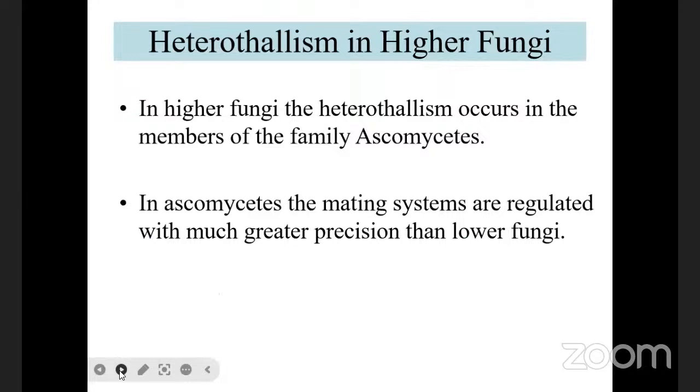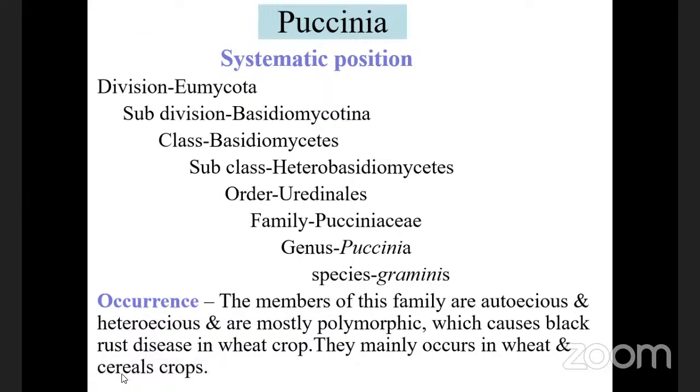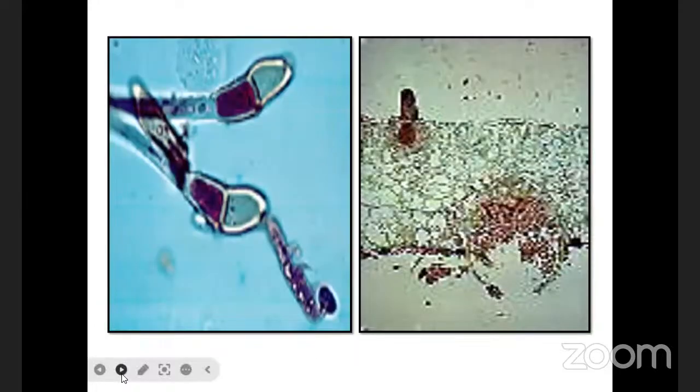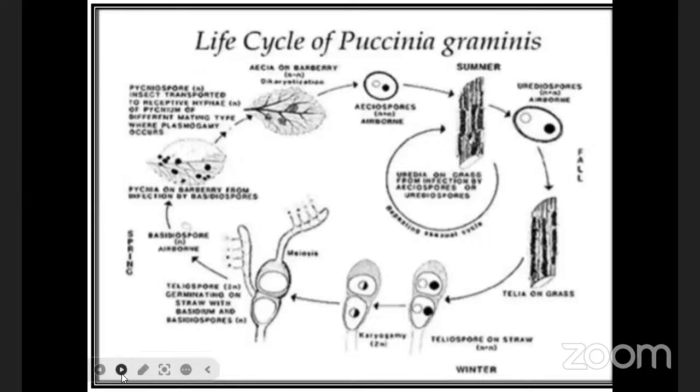In higher fungi, especially in ascomycetes, there is much greater variation. The hormonal variation is also there in higher fungi in heterothallism. You see here in the phragmobasidium, you might have studied Puccinia graminis tritici. It has a macrocyclic life cycle.